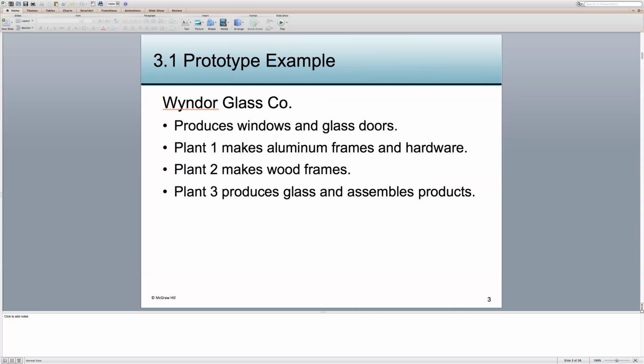Plant 2 makes wood frames. And plant 3 produces glass and assembles the products. So your resources are the plants, which have different capabilities, and also how much time each plant can devote to the project.